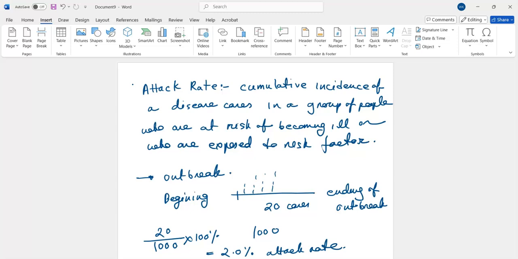Next, we are going to talk about prevalence.